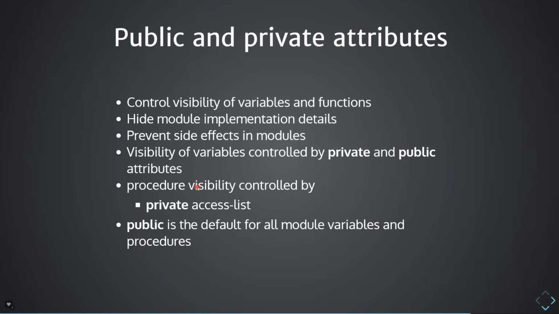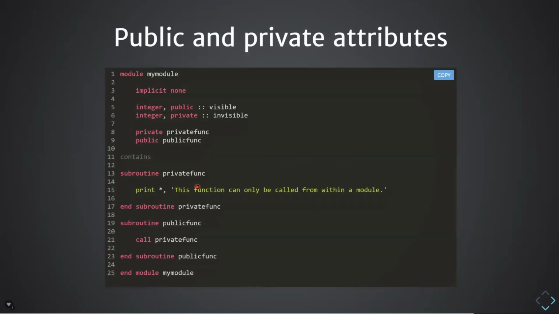Public and private, we already looked at that. So in this case here, I have a private function and a public function, and I declared the private function here to be private, the public function to be public.